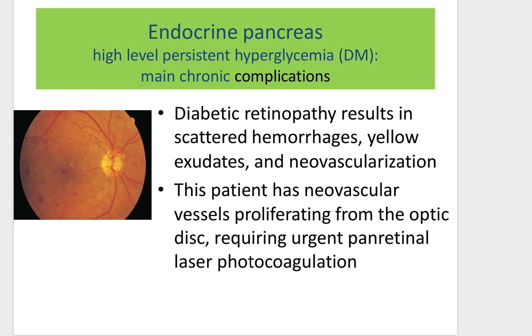The blindness results in most cases from diabetic retinopathy. Diabetic retinopathy results in scarred hemorrhages, yellow exudate, and neovascularization. All these symptoms you can see on the picture. This patient has neovascular vessels proliferating from the optic disc, requiring urgent panretinal laser photocoagulation.